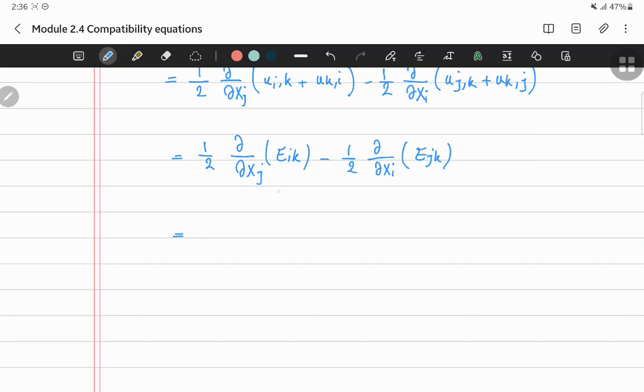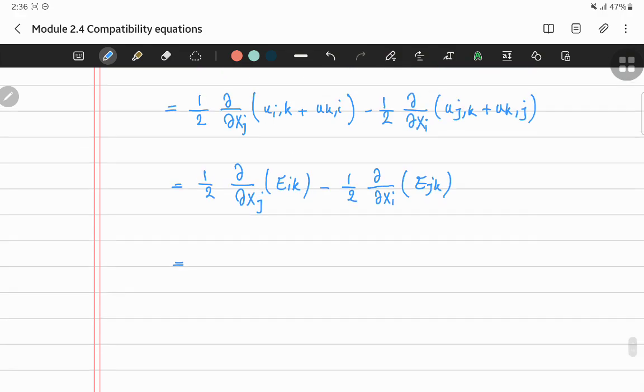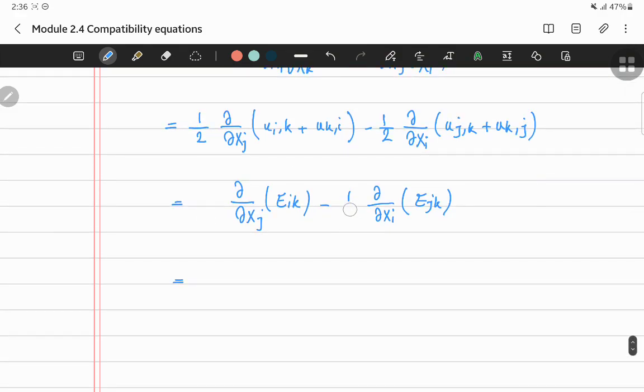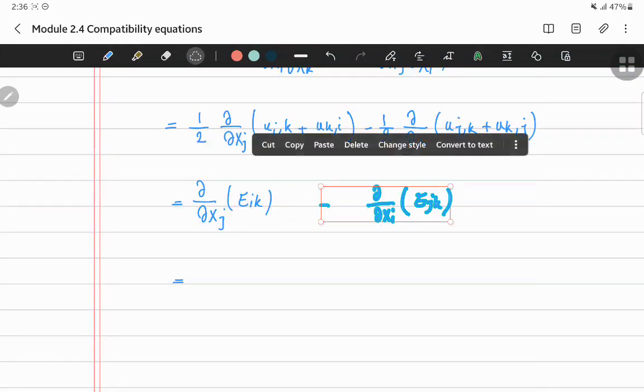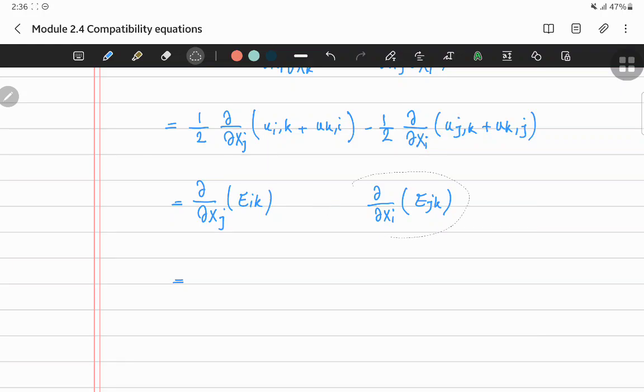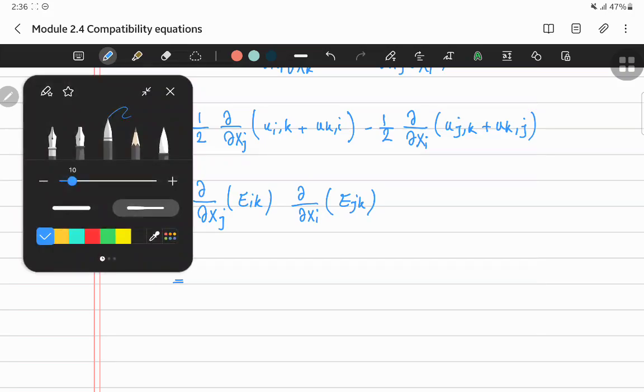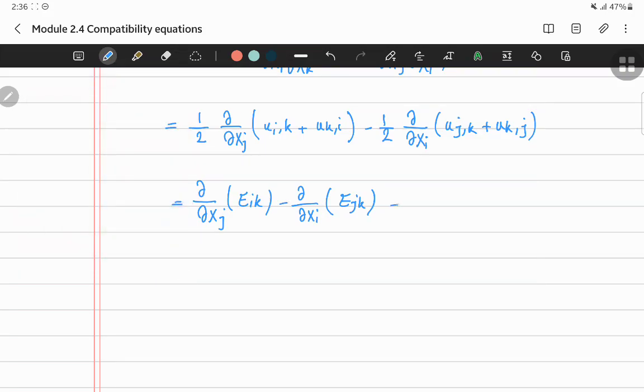It is not half of, this half is already included. So this is eik,j minus ejk,i.